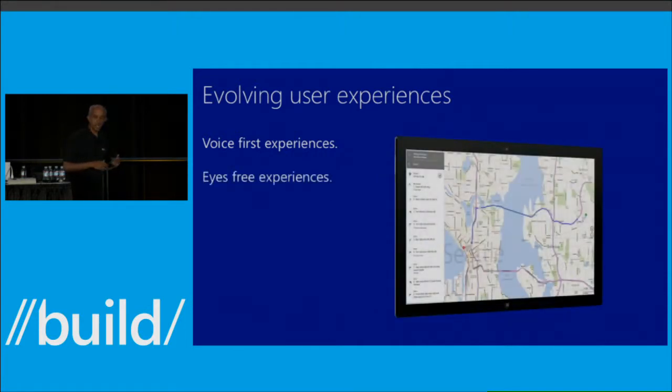Navigation, as I mentioned, is another application category where voice provides an eyes-free experience for us while on the go. So it's very convenient for me to be able to take a Windows tablet, especially small tablets like the Acer that you all got at the conference, into the car and be able to prop it up and then use the navigation app on that device.